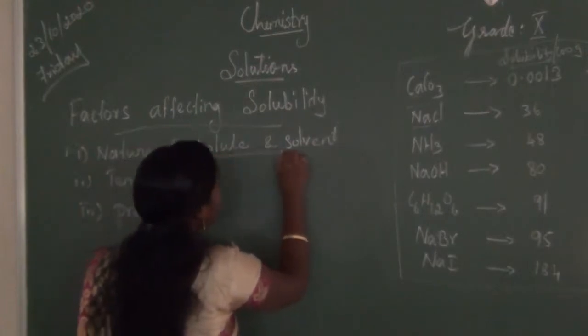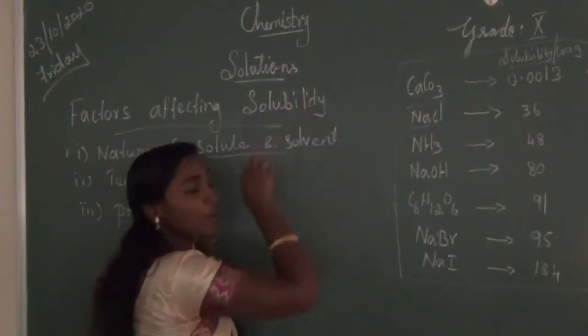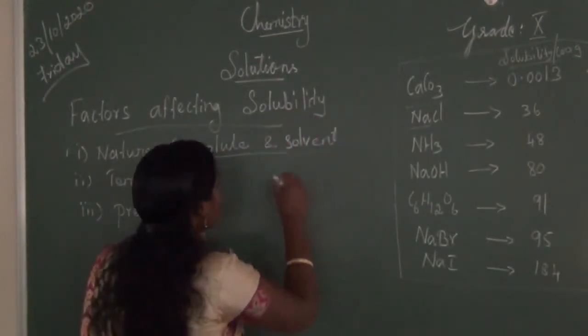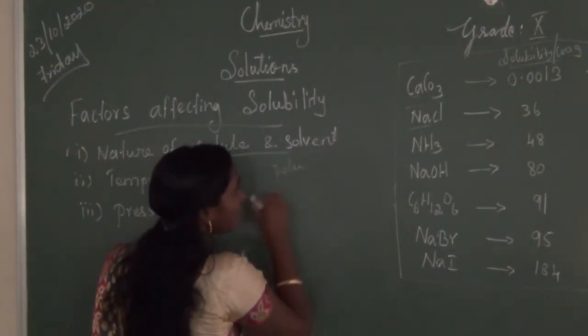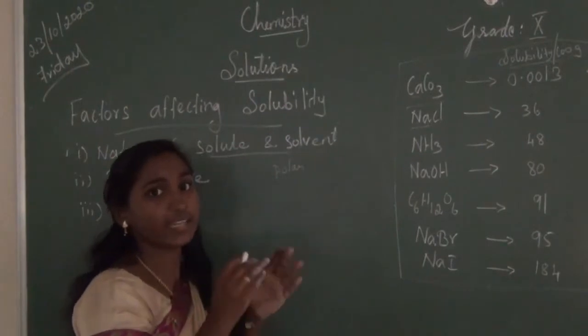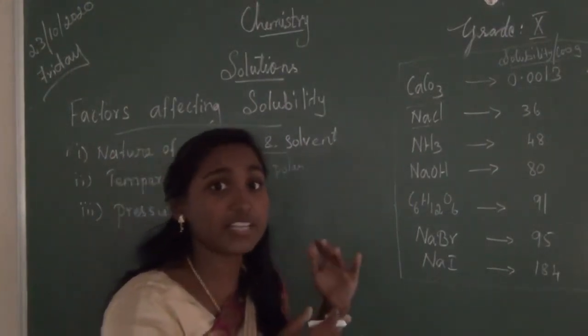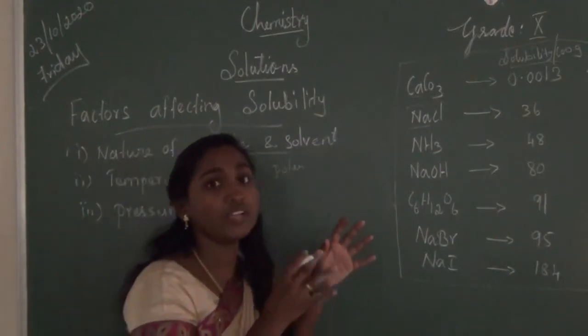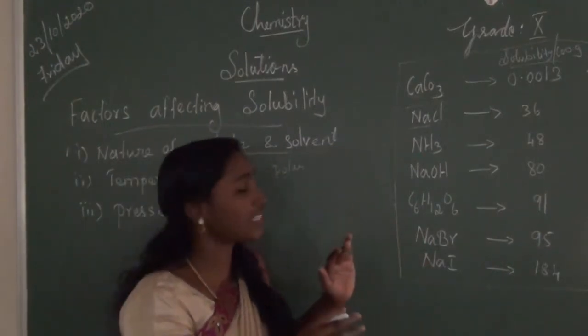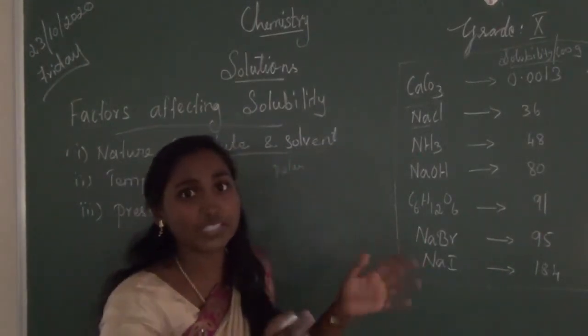That is the similarity aspect of solubility. So listen, chemists say that like dissolves like, that means dissolving occurs when similarities exist between the solute and solvent.